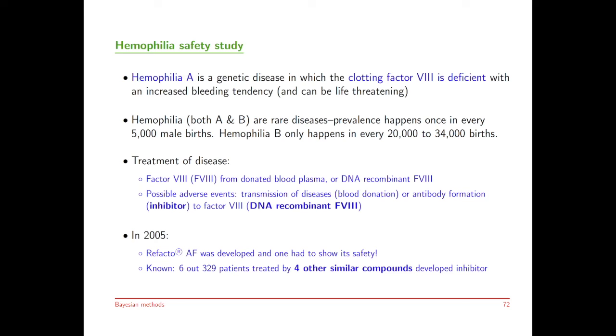Now in 2005, Refactor AF was developed, which is a particular procedure to produce DNA recombinant factor 8. It was developed and one had to show its safety. At that time, it was known that in 4 other similar compounds, 6 out of 328 patients developed an inhibitor.